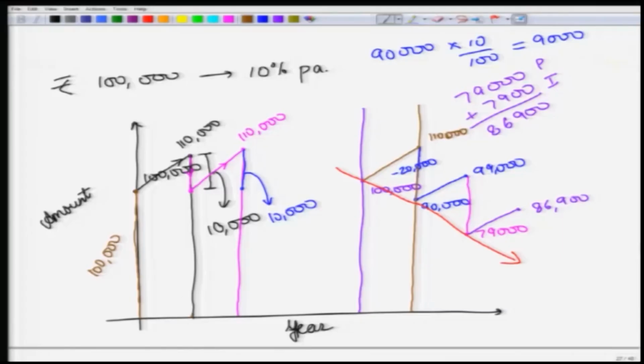So, this scenario is saying that the amount will be 100,000 rupees. At this point of time, the amount is 110,000 rupees. At some other point in between, probably it is 105,000 rupees, and so on. So, this is what the second meaning of yield talks about.